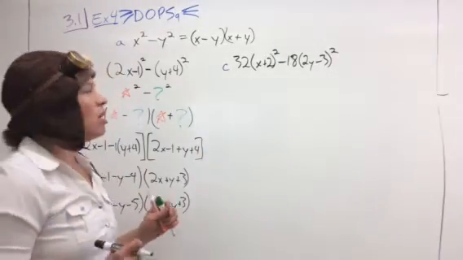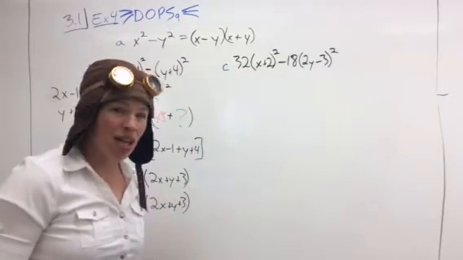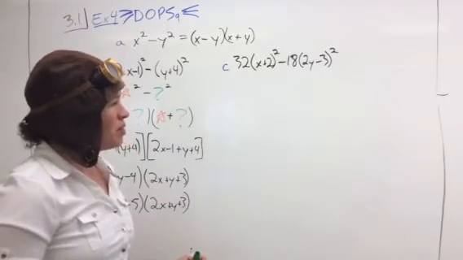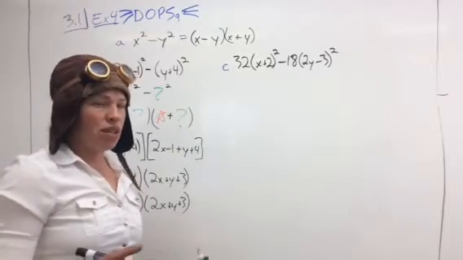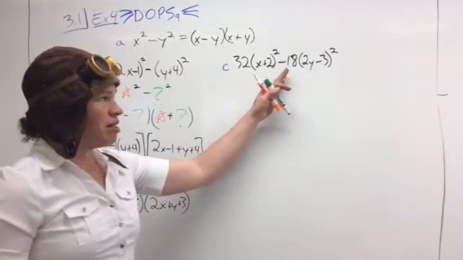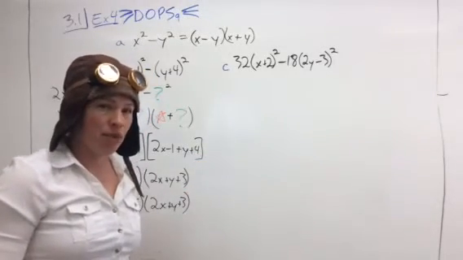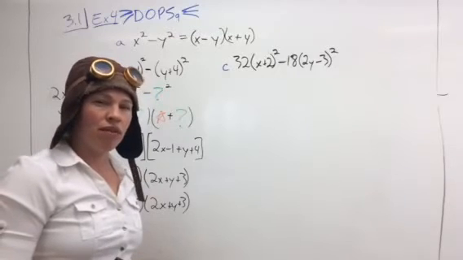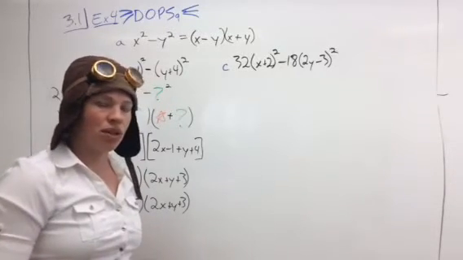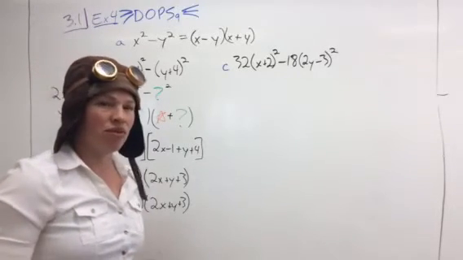Over to this one. There's big numbers. So as soon as we look at this, we're going 32, 18, are you kidding me? There's got to be a common factor there. So we look, I know that if this were a perfect square minus a perfect square, that things would be a lot handier. Probably your book's going to allow that. So then you think, what do I have to reduce it by to get to a number that has a perfect square? 32 and 18, they're both even numbers.